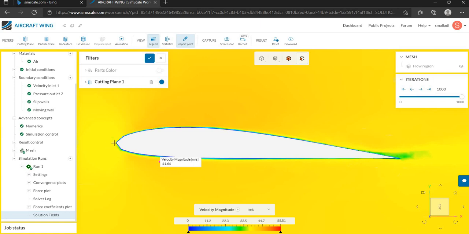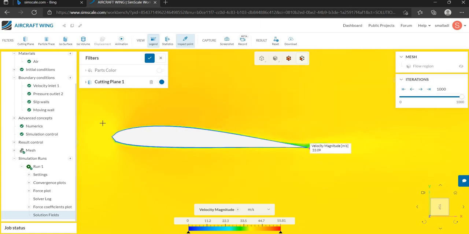We can also see the velocity magnitude is high at the boundaries of the leading edge of the airfoil. Here it's 38.39 meter per second, and at the trailing edge the velocity magnitude is less, that is 30.81 meter per second.